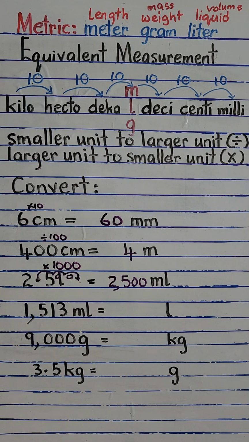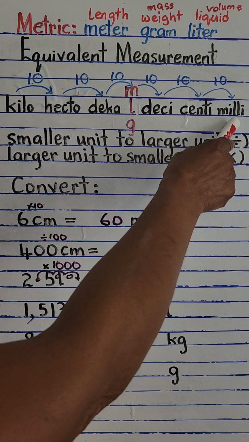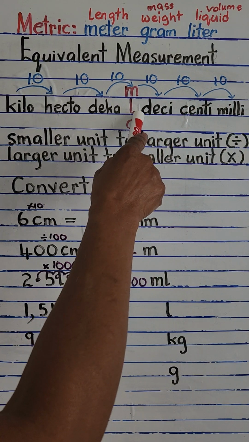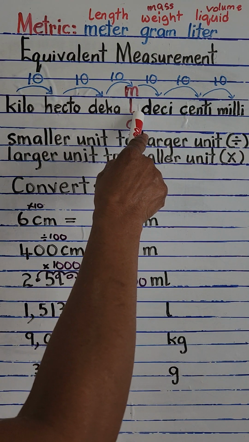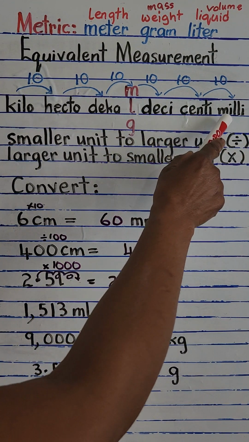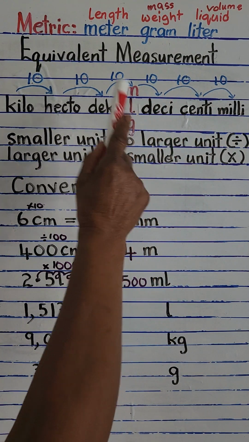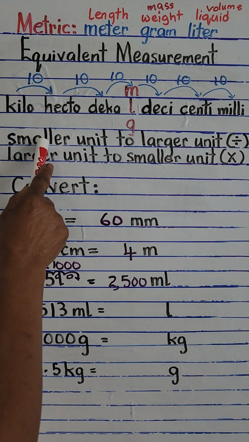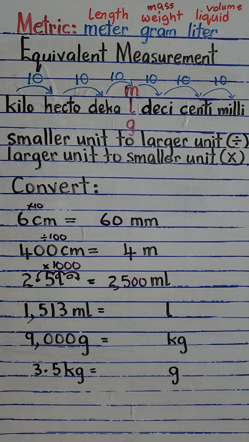Next, 1,513 milliliters to liters. Milliliter to liter. That is smaller to larger. Smaller to larger, we're going to divide.